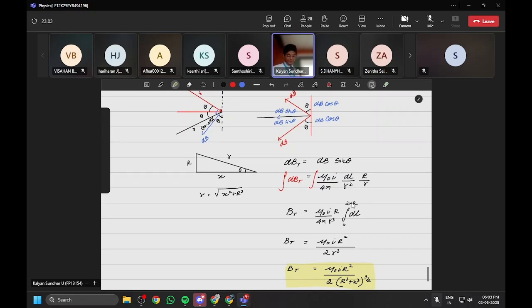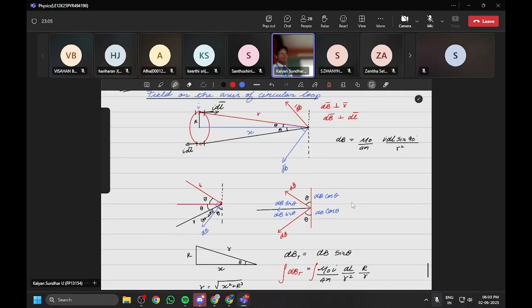Right. So let me explain again. This is a circular loop, right? This circular loop is current carrying, I, correct? So this is a point P. I want to find out my magnetic field, right? I have a circular loop, and in that loop current I is already traveling. At this point I need to find it, right? How can you find the magnetic field? Using what? Do you remember your thumb rule?